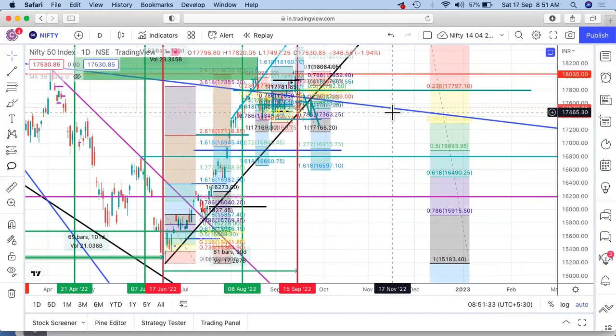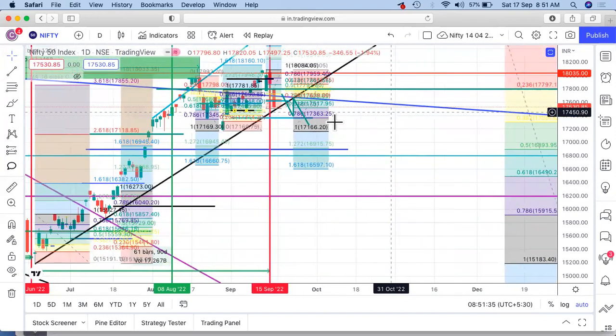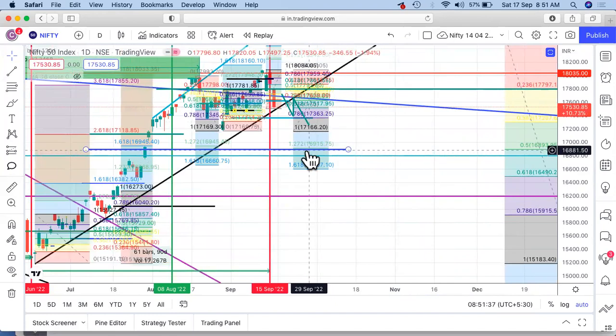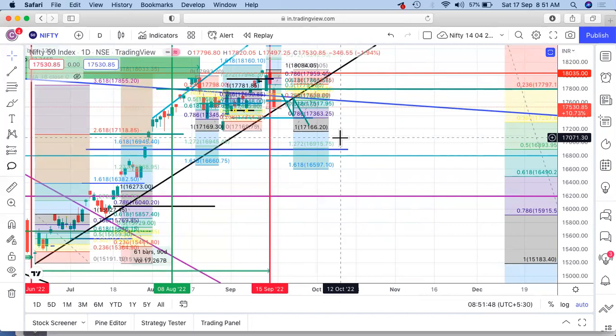So we expect that the market should be coming down at least till 16,880, 900 levels approximately. A rough guess, it depends on the market positions. We'll be going on smaller charts, maybe 15 minutes, 5 minutes. We mostly work on 1-minute charts when we try to square off our positions or take new positions, because that does help, right?